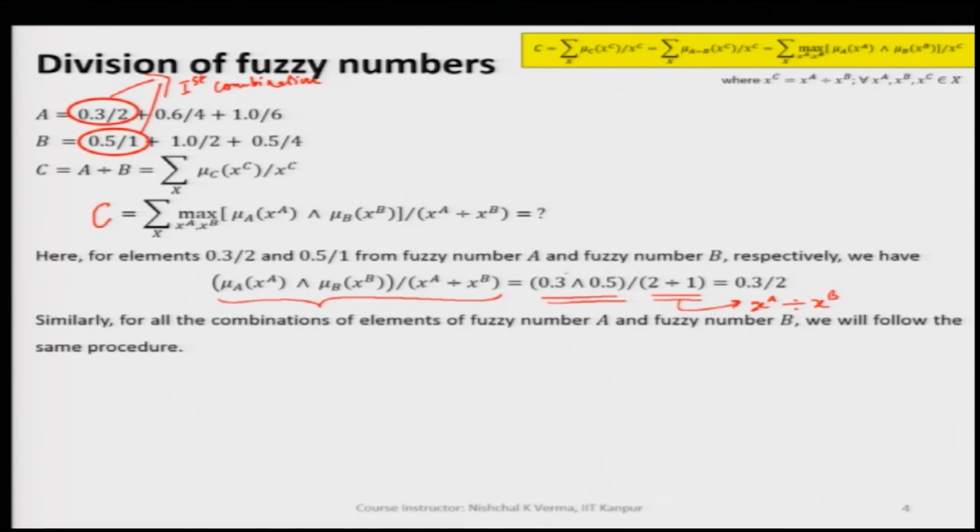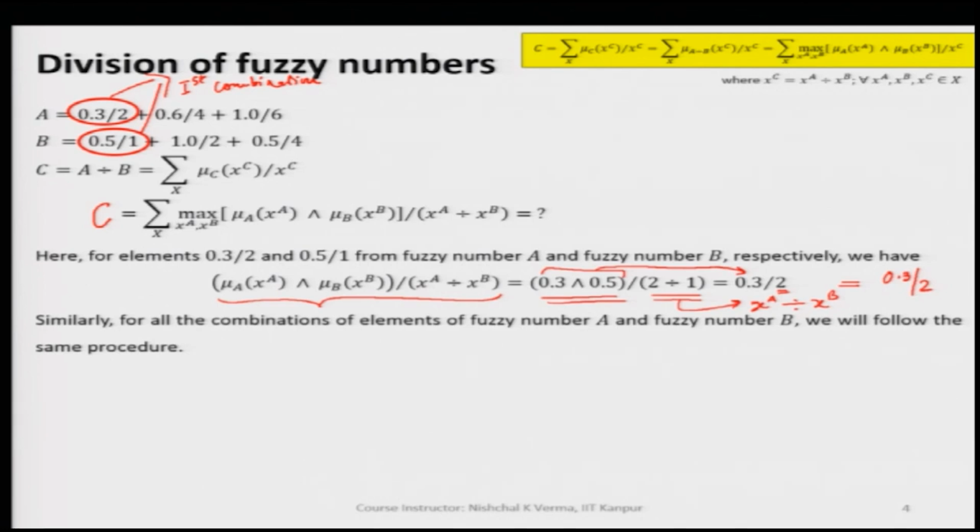When we take the min of this, we get 0.3, and then when we divide x_A by x_B, we get 2. So, this way we get one element of the C fuzzy set as 0.3 by 2.